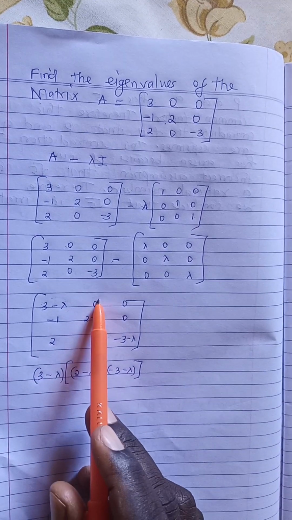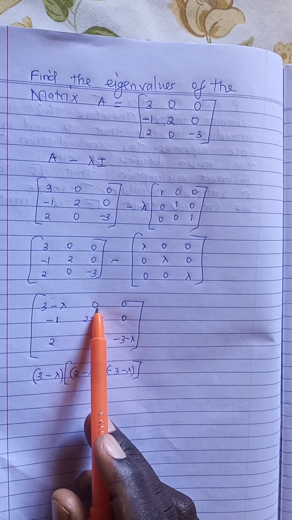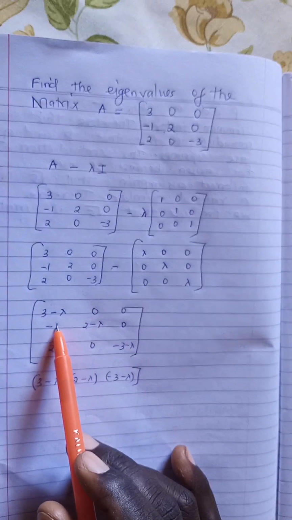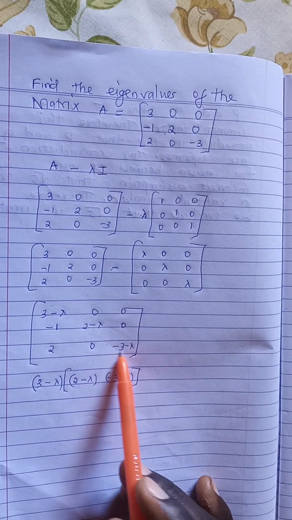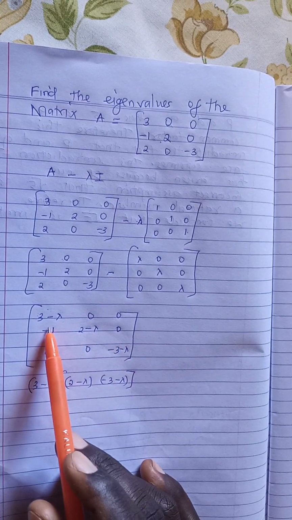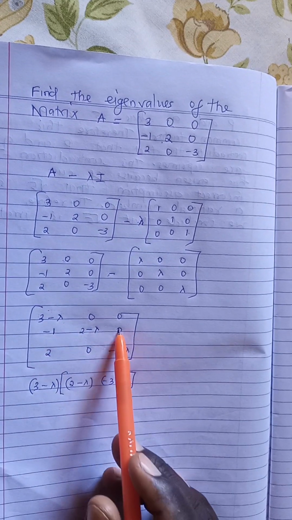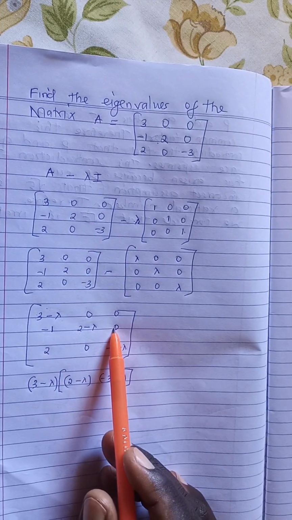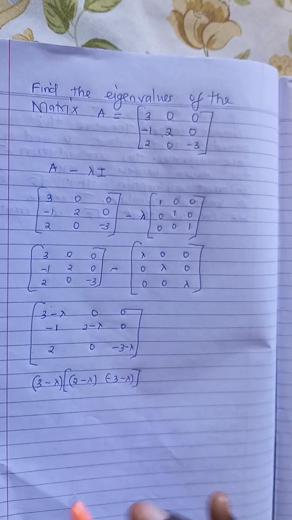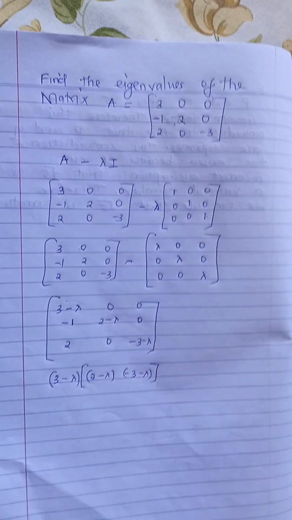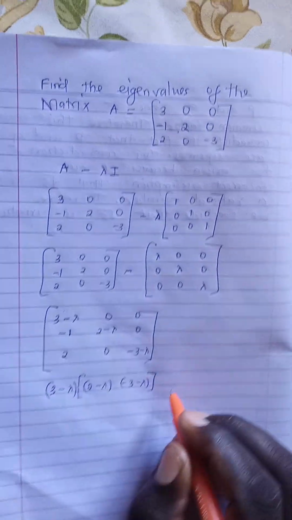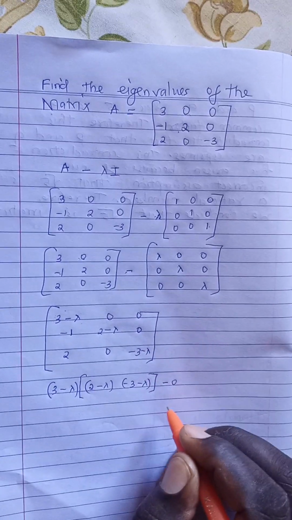The negative sign of 0, which is just 0, times the product of the elements of the main diagonal minus the product of the elements of the secondary diagonal. Any number multiplied by 0 is just 0. That is why I will have here minus 0.